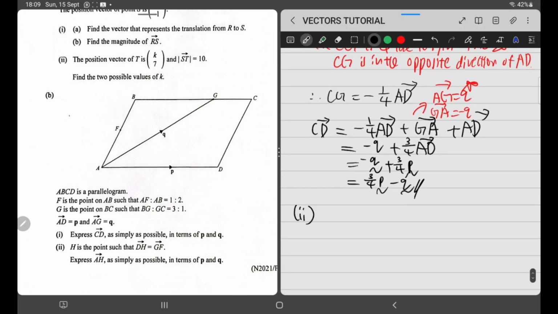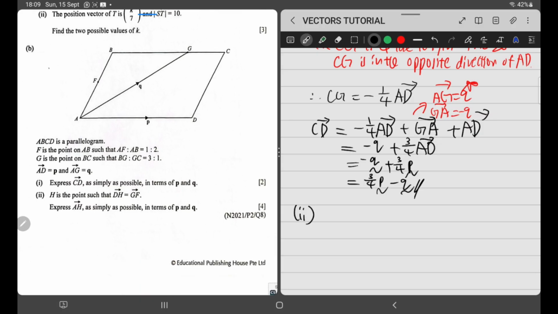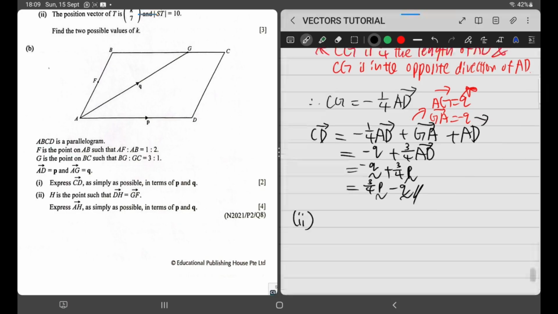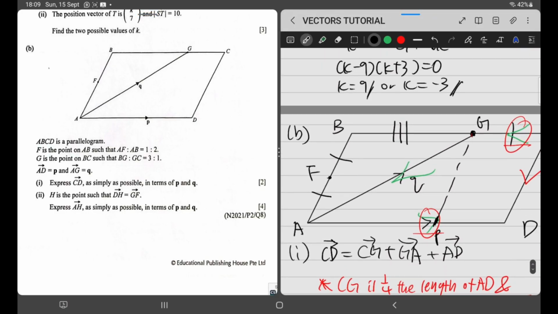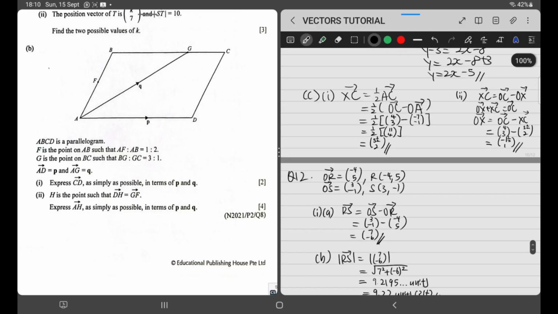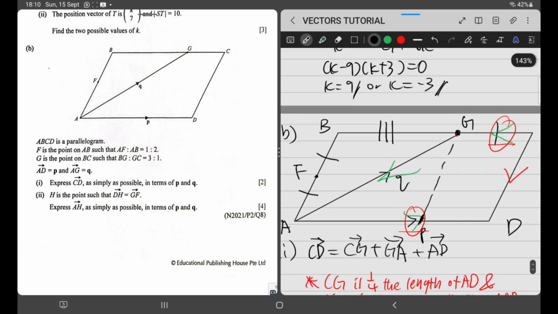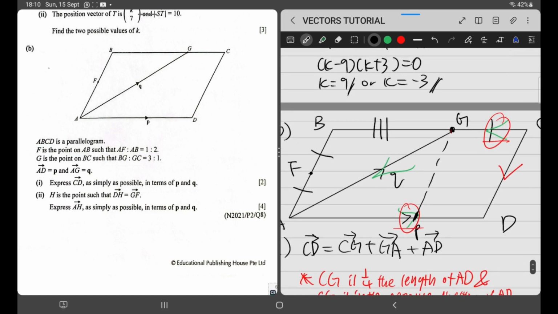Okay, part (i). They say H is the point such that DH equals GF. Okay, so if I were to reference back to my drawing, GF is here, right?